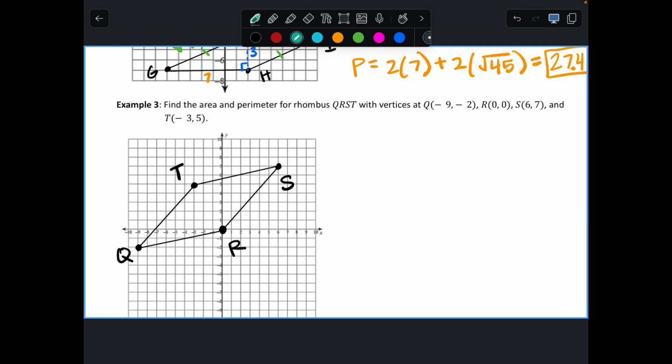Okay, we are told it's a rhombus, so I know that all 4 sides are congruent. So all I have to do is calculate one side, and I know the length of each side. So I'm going to do SR. You can pick any side and calculate the distance. It will give you the same answer.